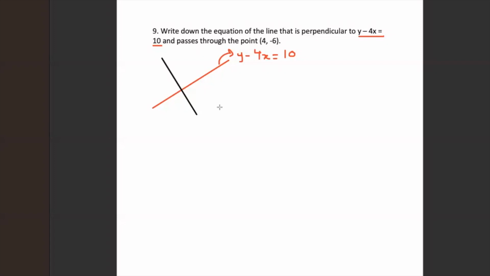So like this. This angle there is a 90 degree, it's a right angle. So they're asking us to find out the equation of this line. And they have given us the information that this perpendicular line passes through the point 4, minus 6.